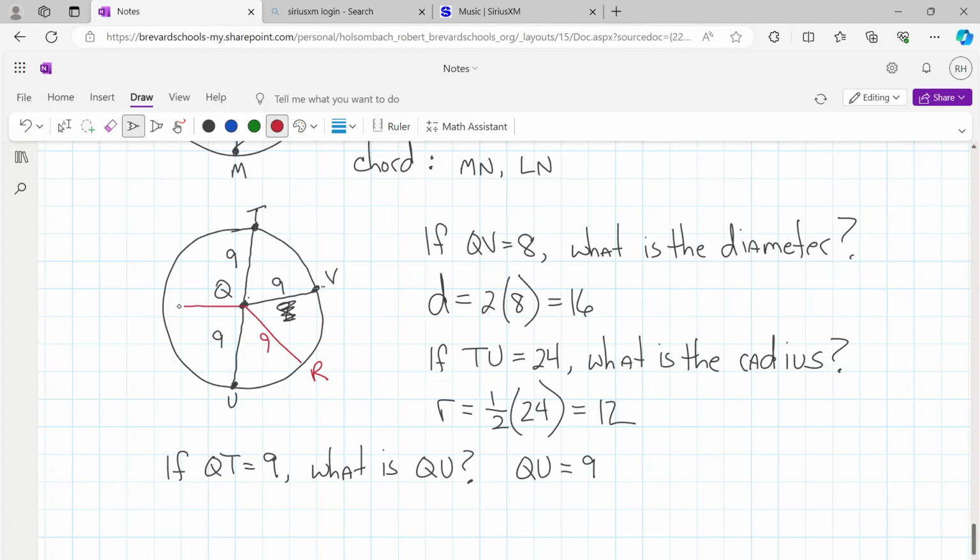From the center to the edge, anywhere. QS, that would also be 9. No matter where you draw the radius, once you know what it is, it's the same everywhere in the circle. Any questions?